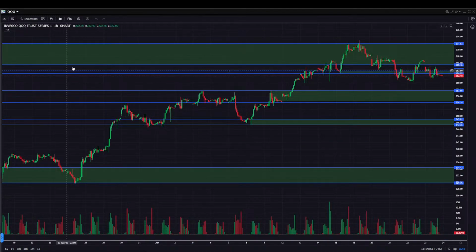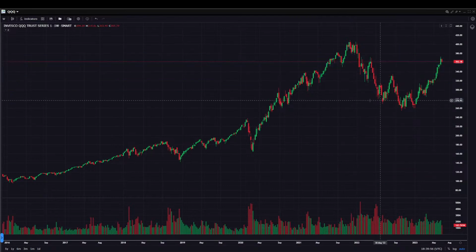And QQQ. I think QQQ will probably have the same clean price action coming into this week.